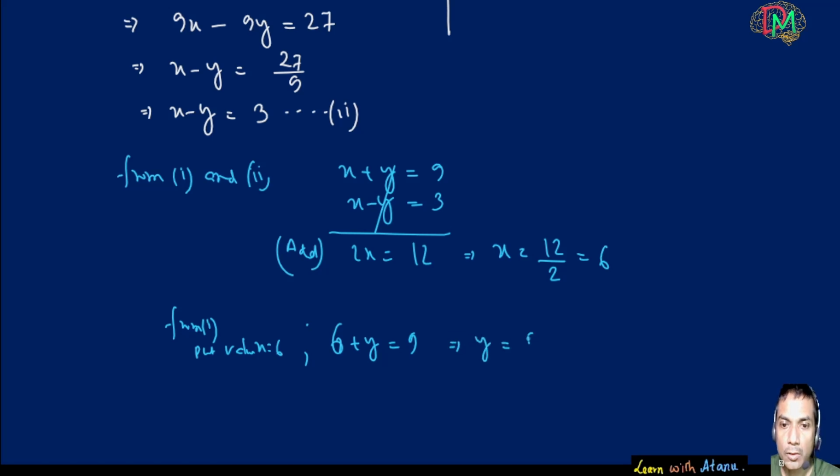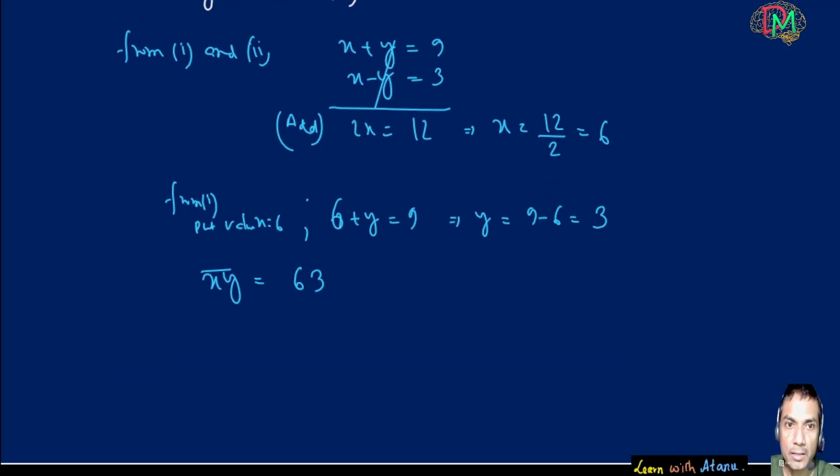So y is equal to 9 minus 6, which is 3. So xy becomes 63, where x is 6 and y is 3. So this is the answer. The given number is 63.